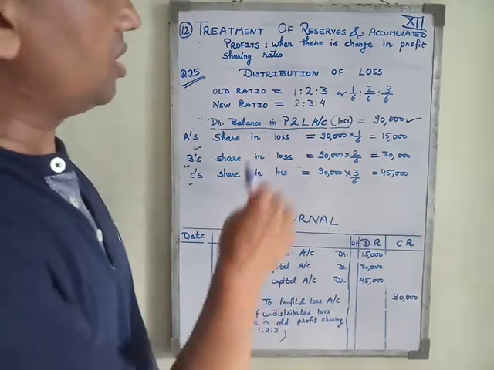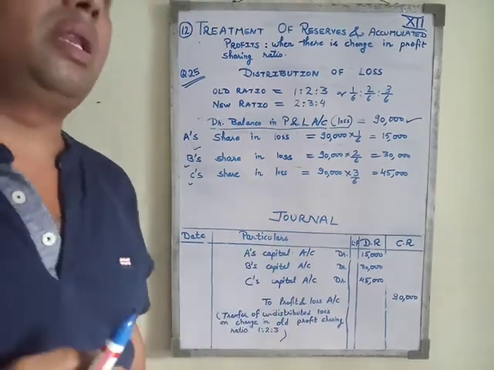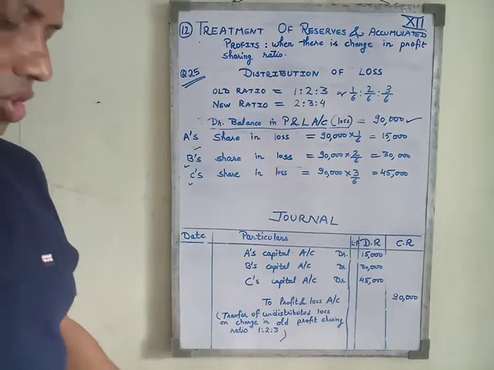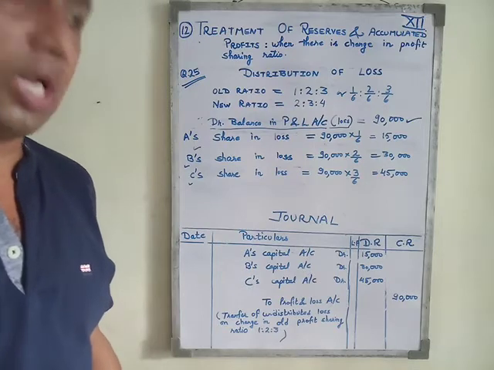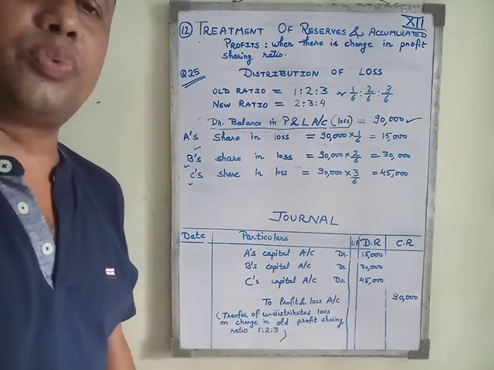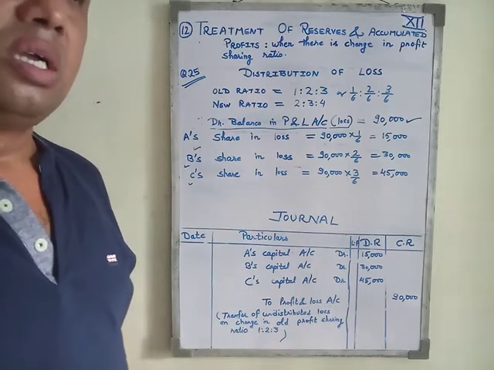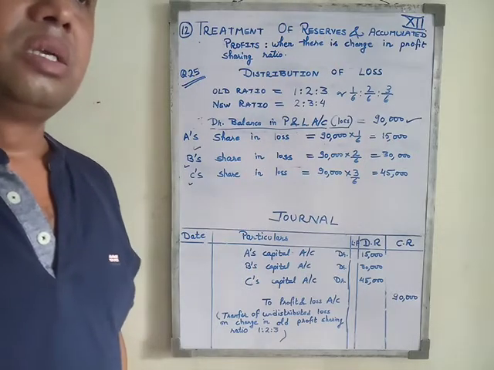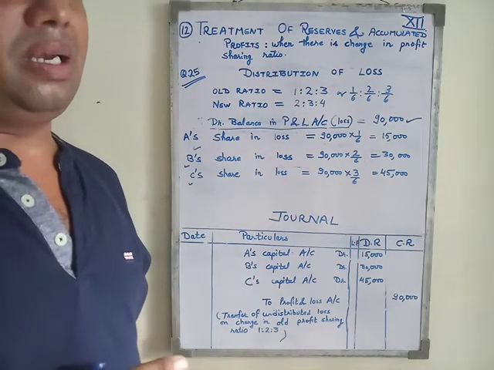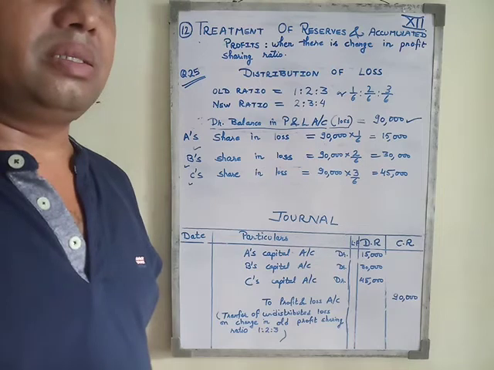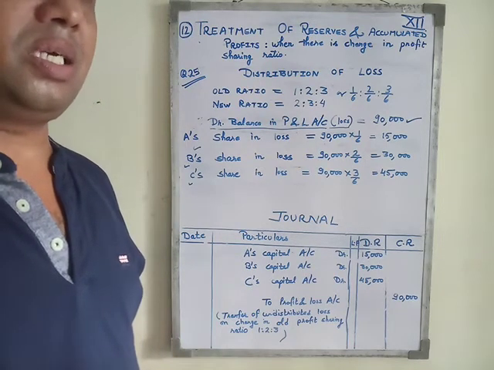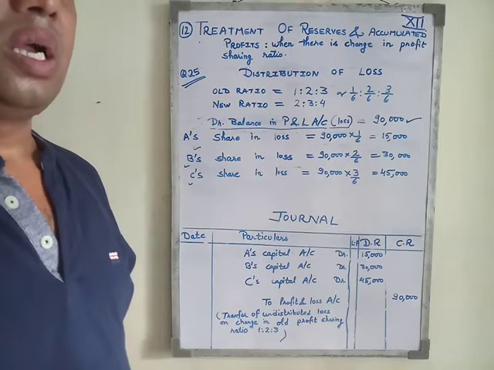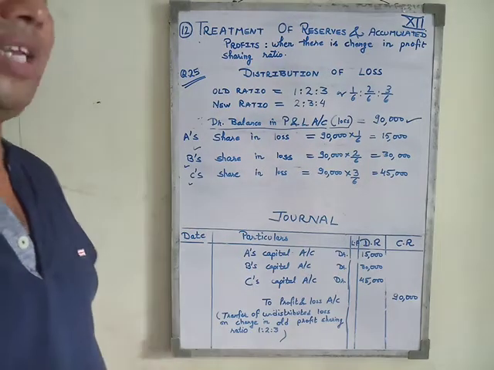So this loss is distributed, while all the items which are to be shown in the balance sheet at the time of change in profit sharing ratio are distributed in the old profit sharing ratio between the partners. On the liability side, profit and loss and reserve are shown, which are distributed in the same way.